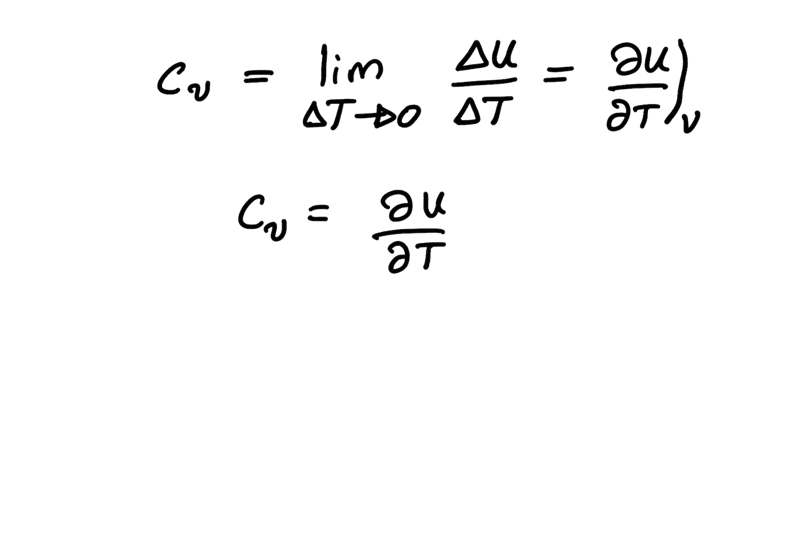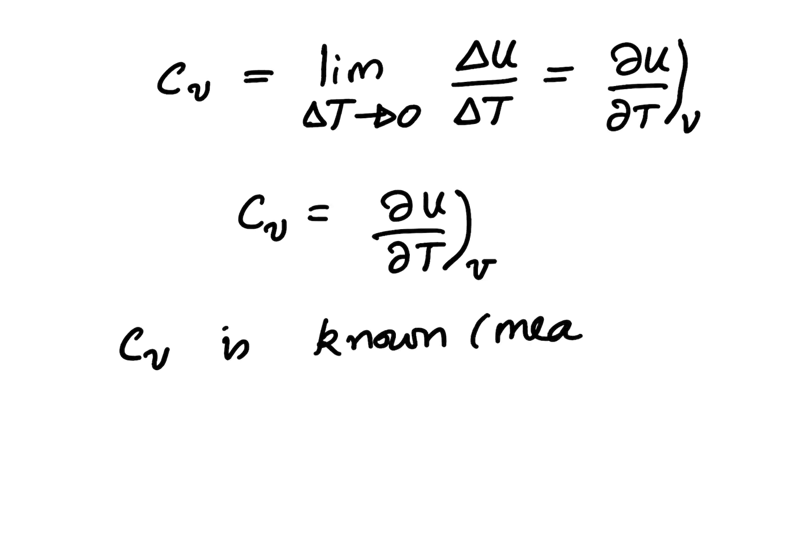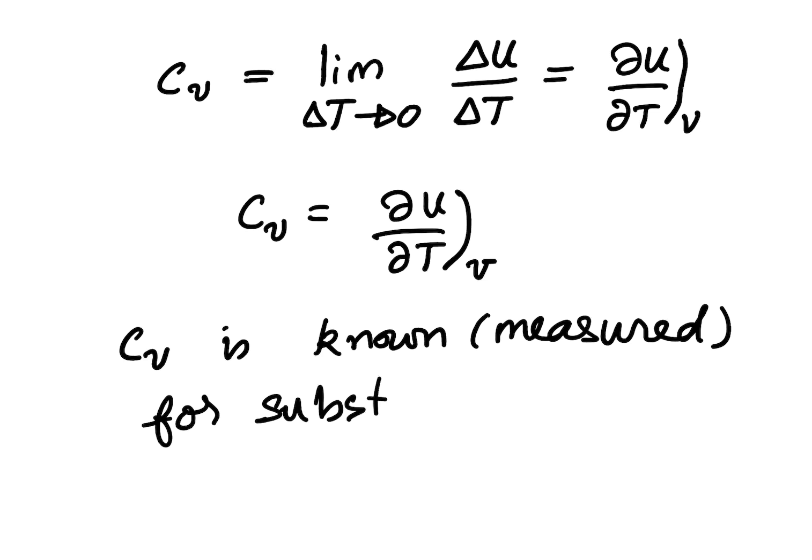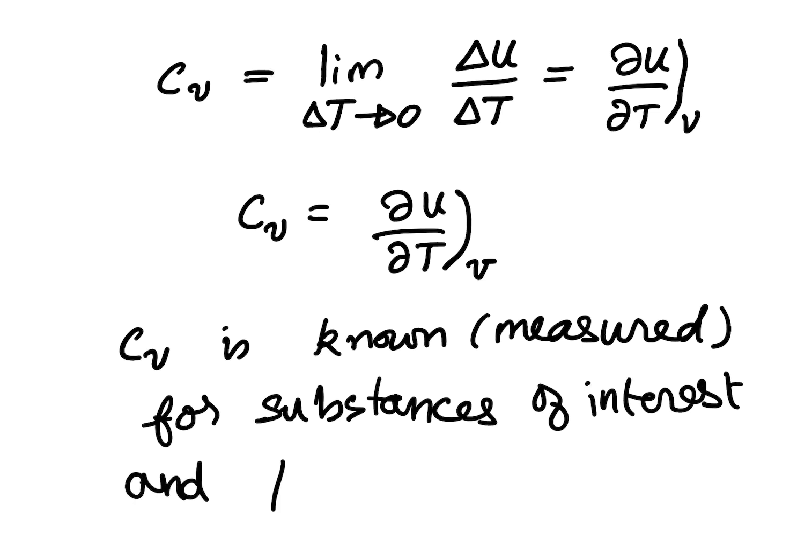It's the rate of change of internal energy with respect to temperature measured at constant volume. Usually Cv is known, or by known I mean measured, for substances of interest, and tabulated.